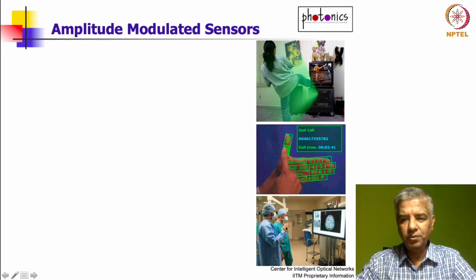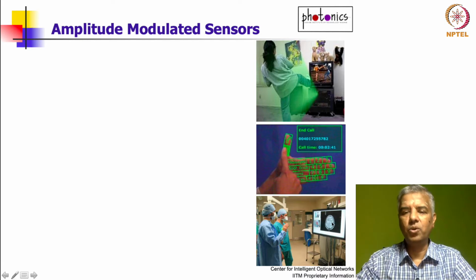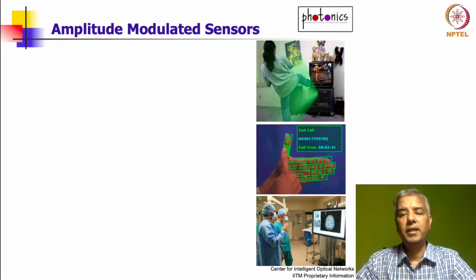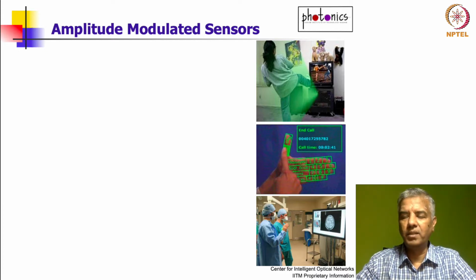Or if you think about a more serious thing, this is actually a hospital operating theater, a very sterile environment that we need to keep, and this person seems to be referring to something on the screen over here, and trying to understand what's going on, maybe in the middle of a surgery, and so on. So what exactly is going on in these types of applications? How is an optical sensor useful in these types of applications?